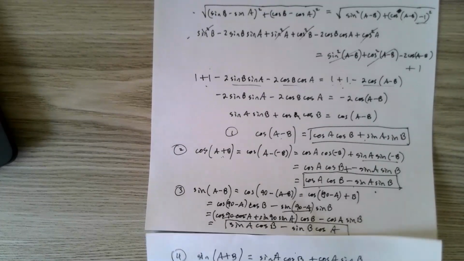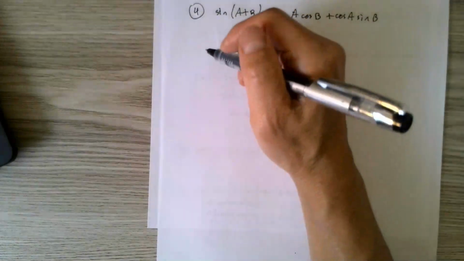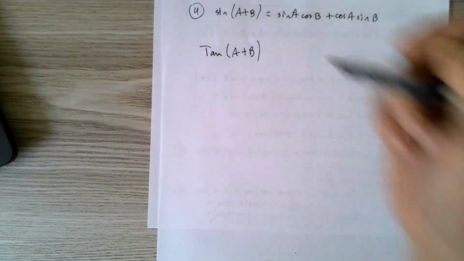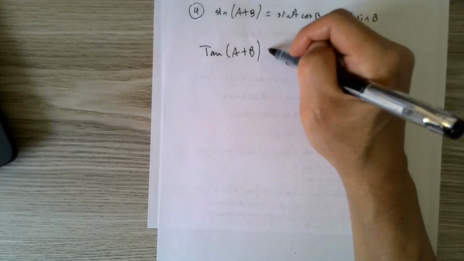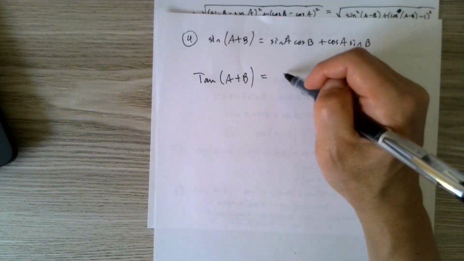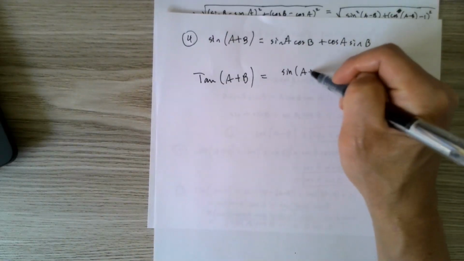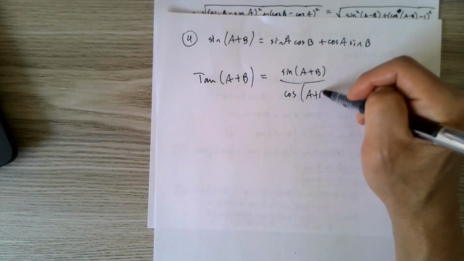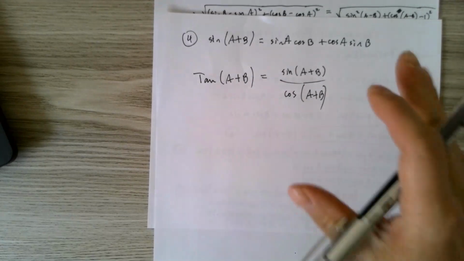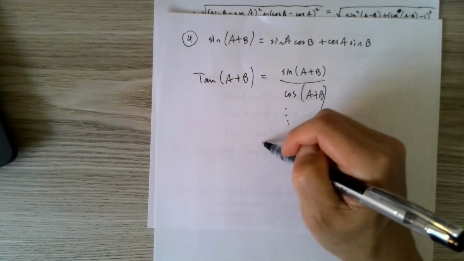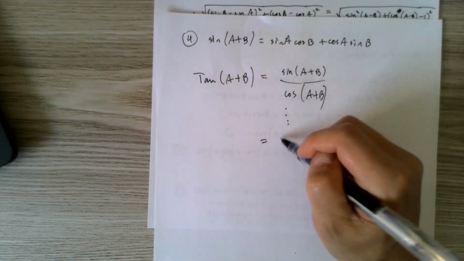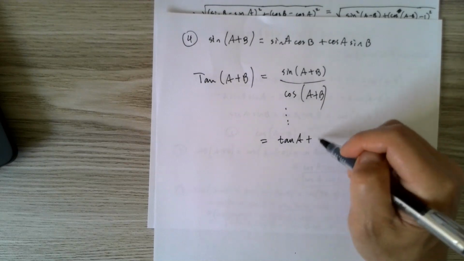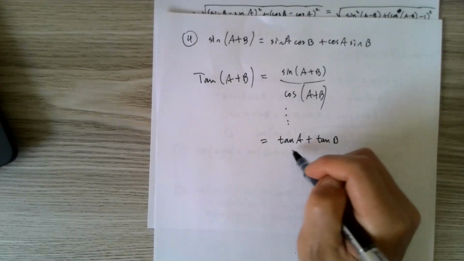Okay, so from there you can also derive the tangent ones. So the tangent ones, you just use the sine and the cosine identities, plug them in, and then you'll eventually get something that actually is not very simple looking, but you'll get used to it.